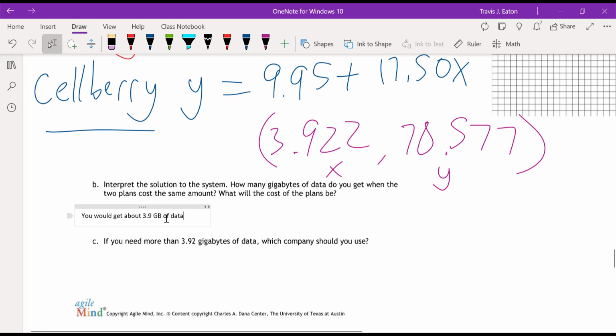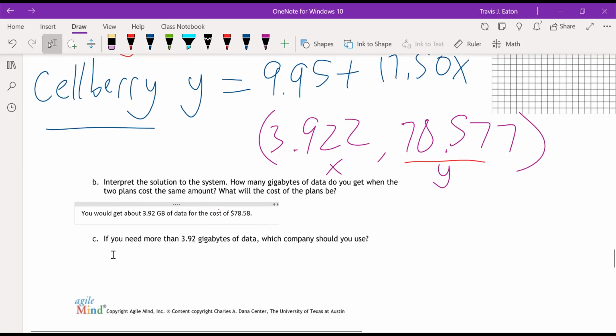Okay, well, we'll even go better than that. We'll say 3.92. There, we'll make it even more specific. For the cost, remember, if this is money, we have to round to the nearest dollar amount. So how much will that be? Well, that's going to be $78.58, because that's when those two lines intersected, when the gigabytes of data and the cost intersected at that one point.